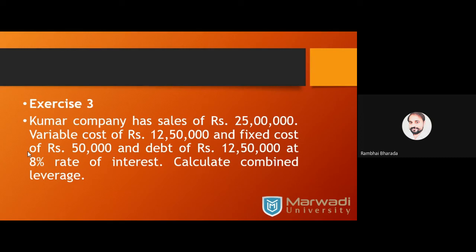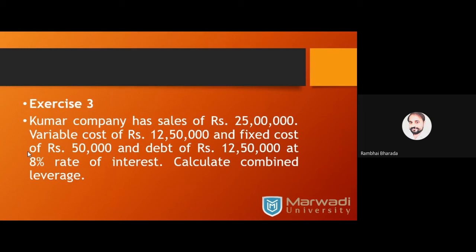Now second, we need OP for the leverage. OP means operating profit, and operating profit is equal to sales minus total cost. Here sales is 25 lakh and total cost means variable cost plus fixed cost: 12 lakh 50,000 plus fixed cost 50,000.